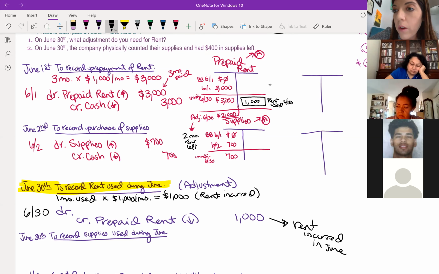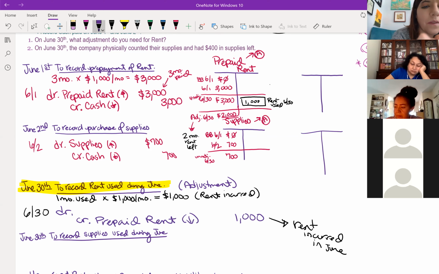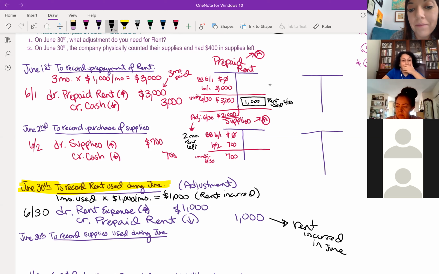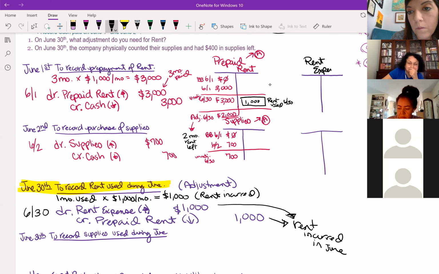What account am I going to charge this to? Rent expense. Exactly. We're going to debit rent expense, increasing the expense for the amount of rent incurred during the period. Rent expense is an expense.